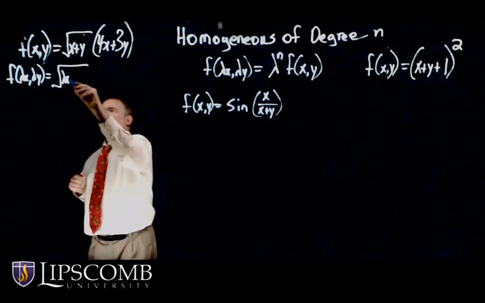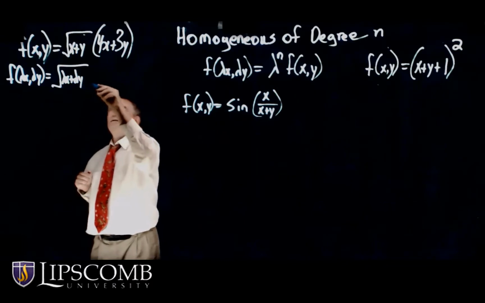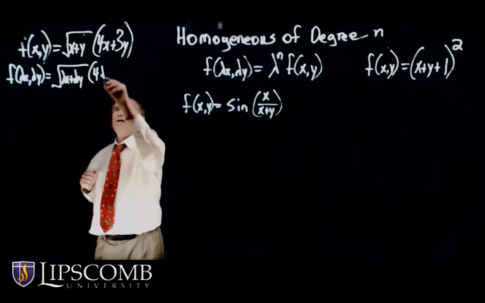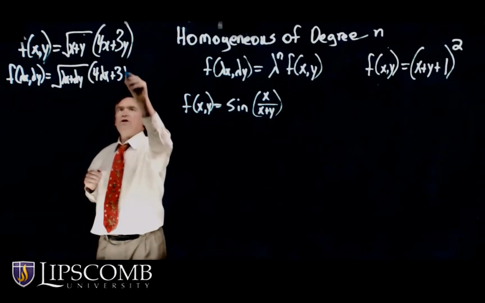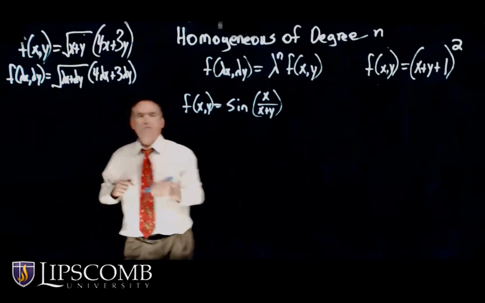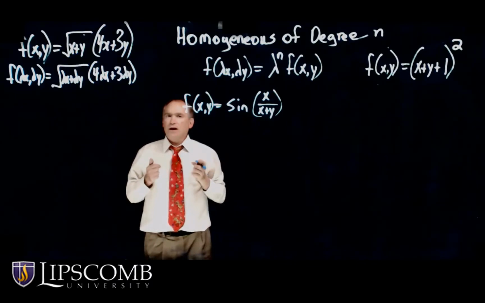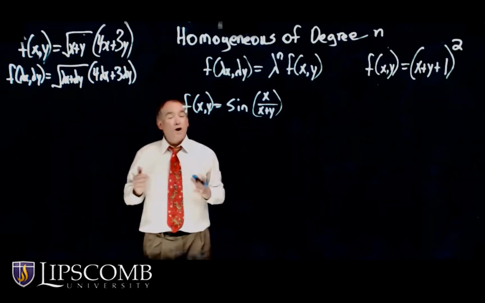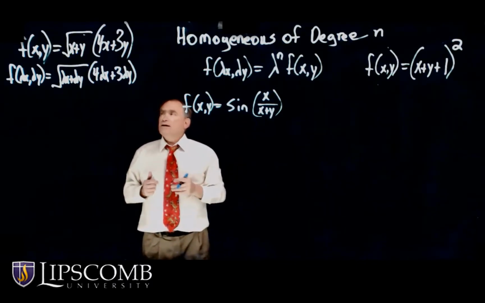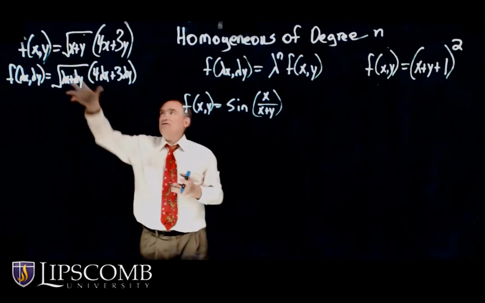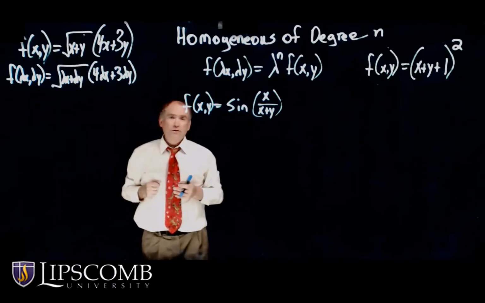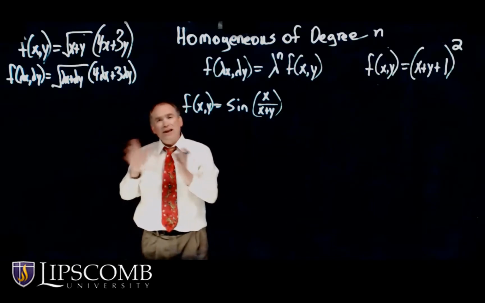So lambda x plus lambda y, and then 4 lambda x plus 3 lambda y. Now that I have x replaced with lambda x and y replaced with lambda y, can I get the original function that I started with, with a lambda to a power on the outside?